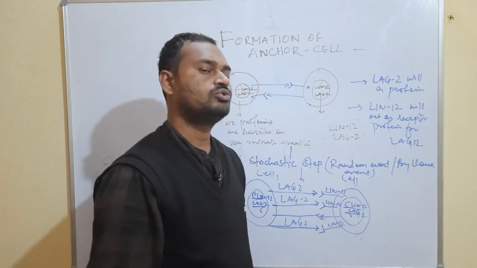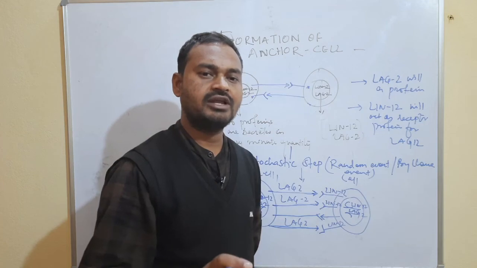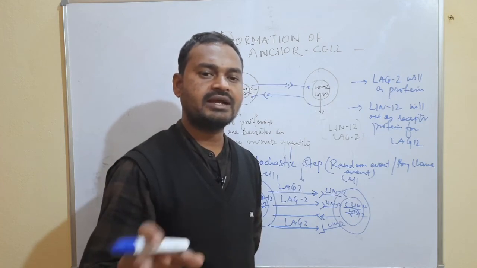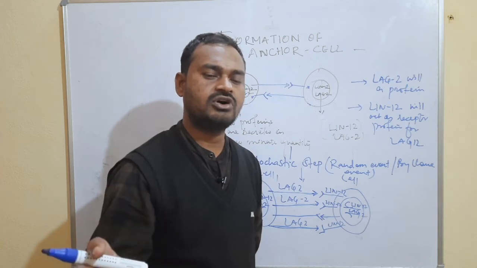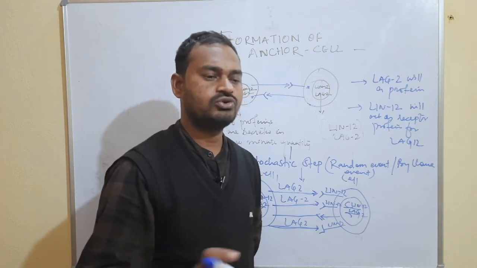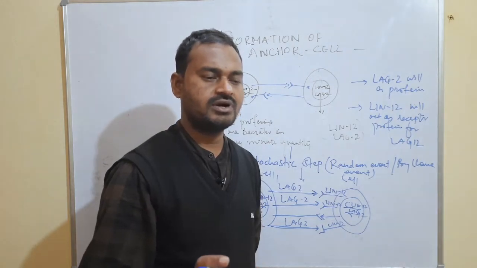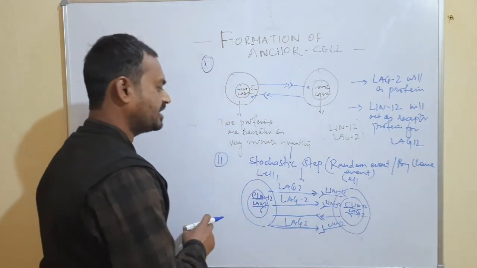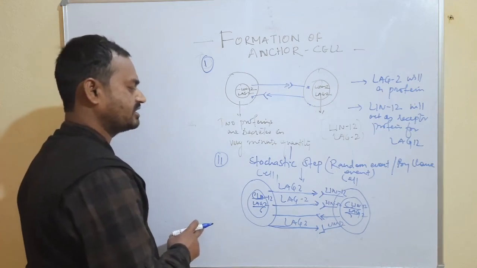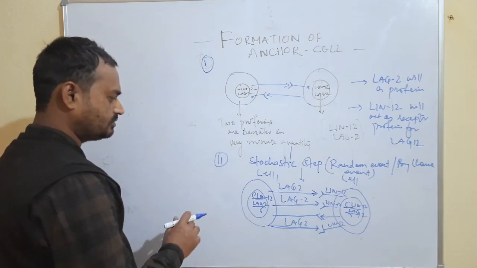You can say those cells which have lin-12 protein will inhibit the transcription of the lag-2 protein. This is what appears here in the second step, which is called a stochastic effect.